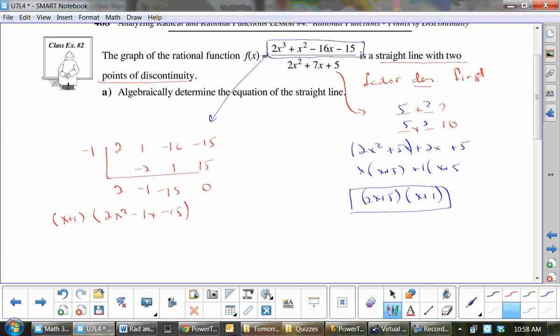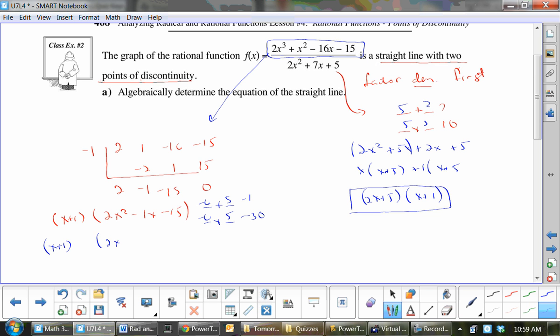Now remember, when they're at the x squared stage, I can just use my what do things add to give me negative 1 and multiply to give me negative 30. What are they? Negative 6 and 5, right? So this is x plus 1. That's still staying out there.